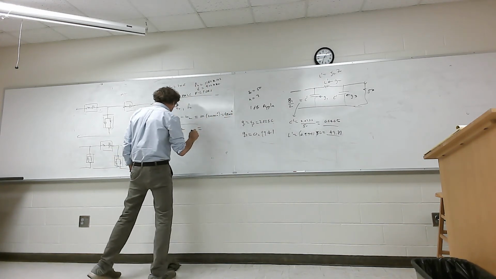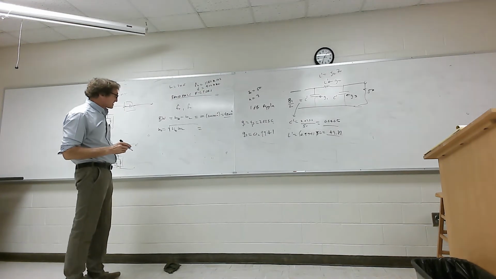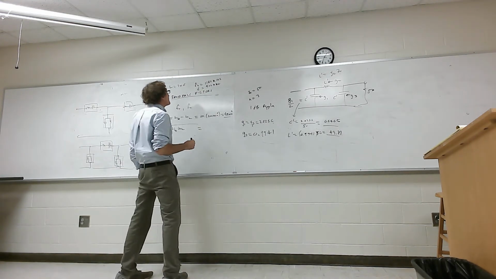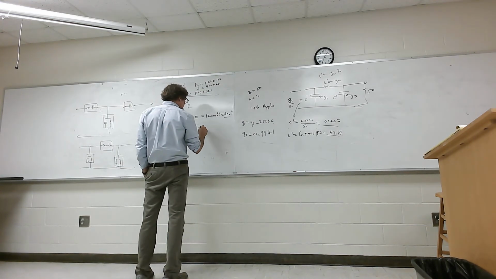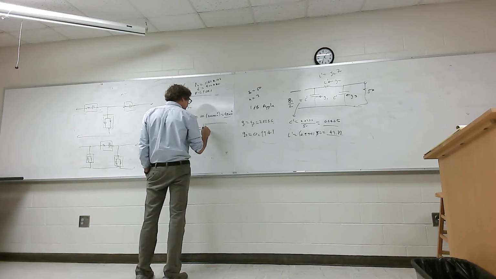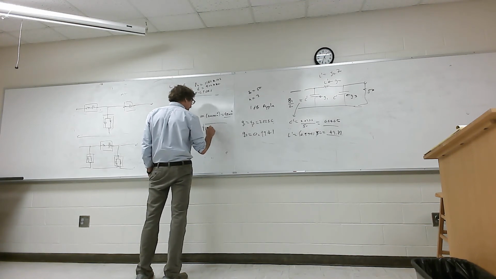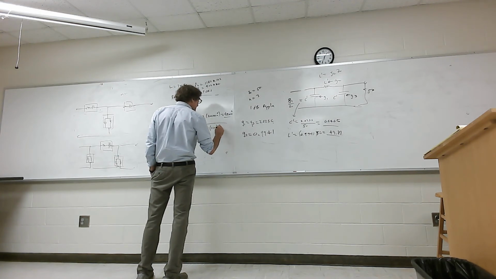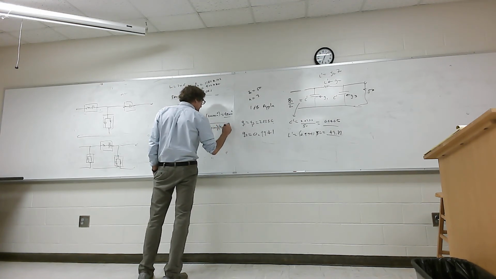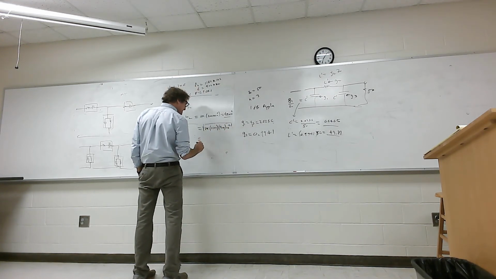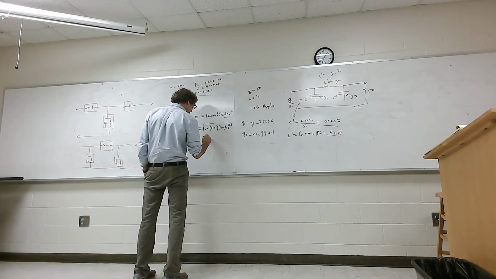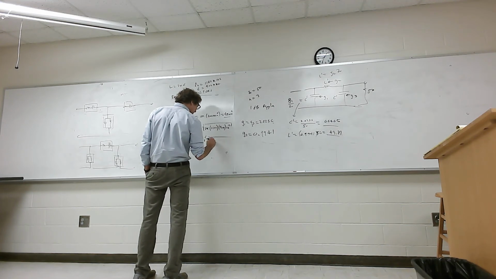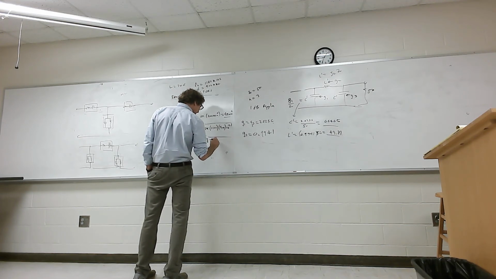And the geometric mean, since now this is going to be the square root of 2 pi F upper, 1100 megahertz, times 900 times 10 to the 12th. So what is that? That's 10 to the 6th times the square root of 2 pi times 1100 times 900.